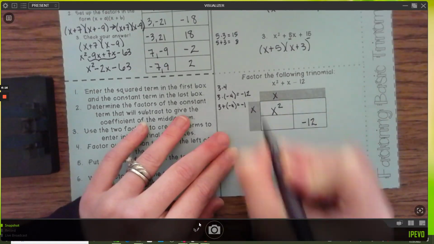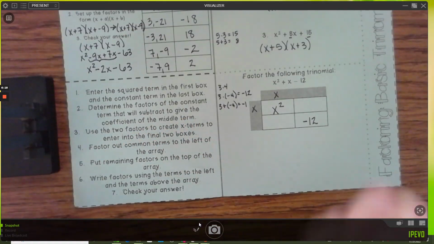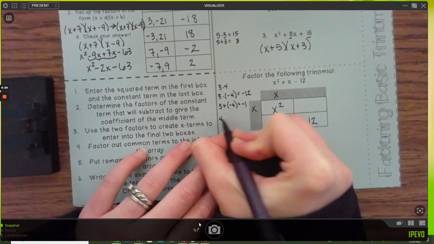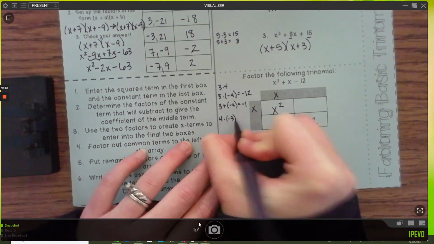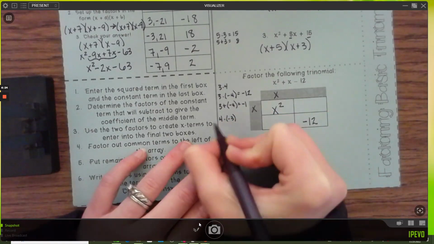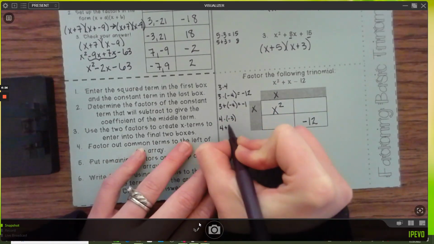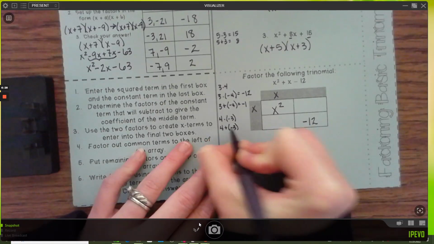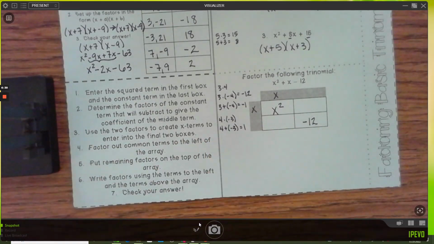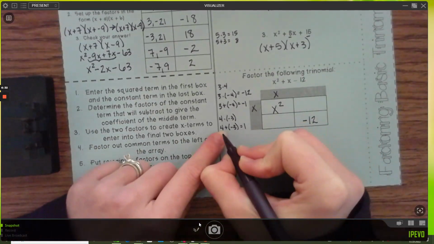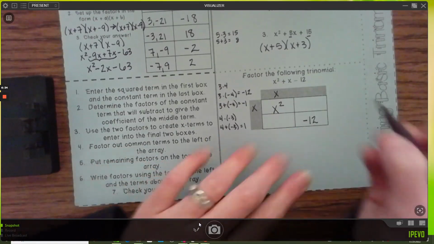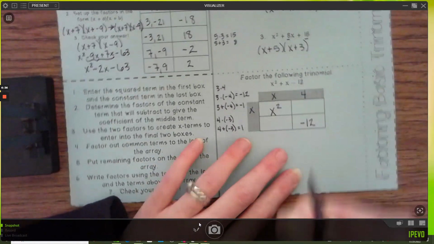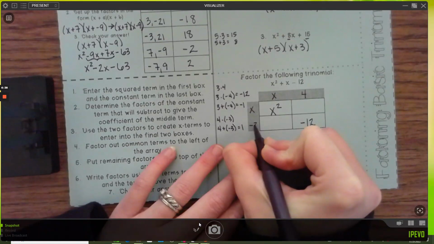If I flip them and do a positive 4 times a negative 3, that still gives me negative 12, and 4 plus negative 3 gives me that 1. So my two factors are 4 and negative 3.